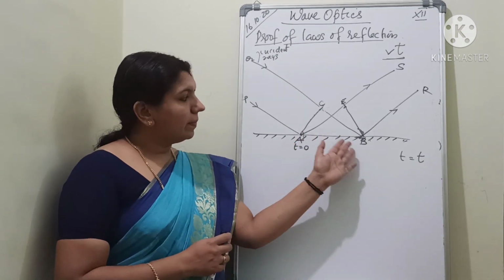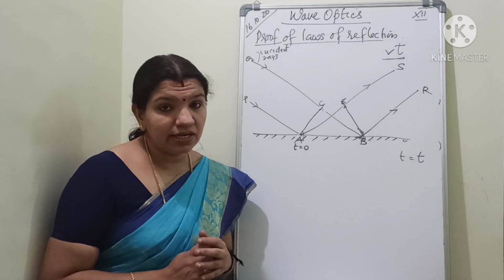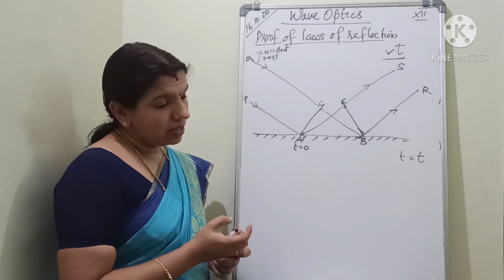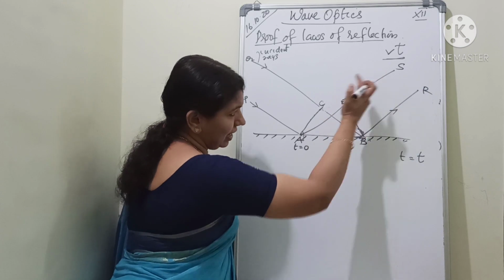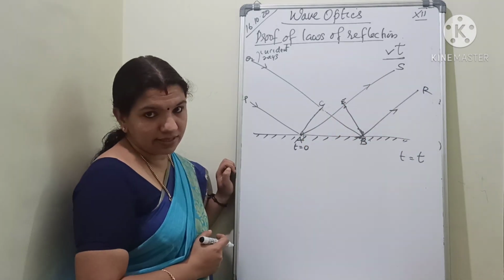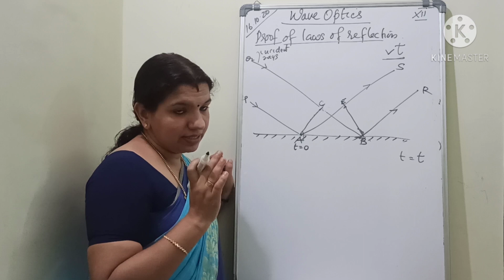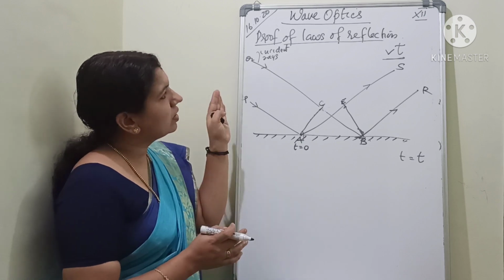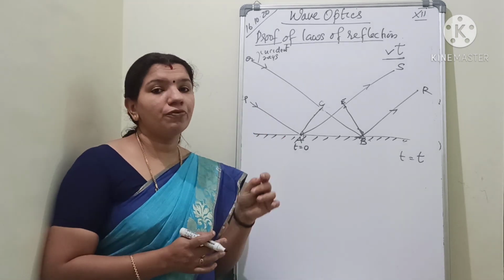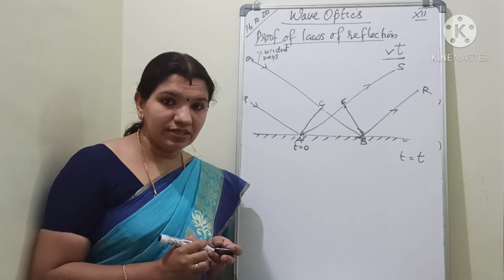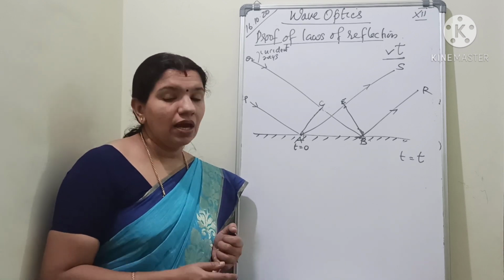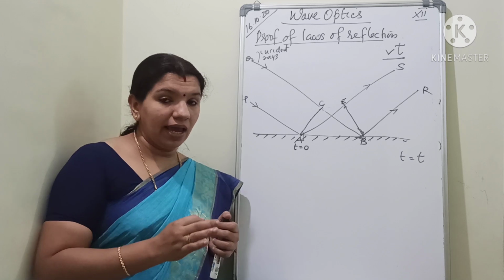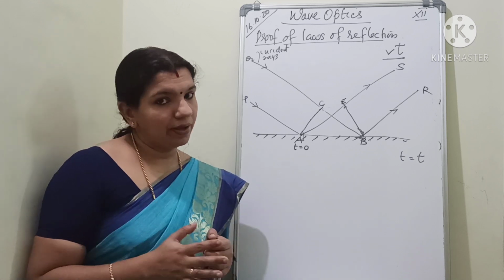So here BE is the reflected wavefront. Then BR and AS are the reflected rays. Is that much clear? Once again I will tell. Here we are going to have the proof of laws of reflection using Huygens wave theory. And according to Huygens wave theory, the direction of the ray is perpendicular to the wavefront.